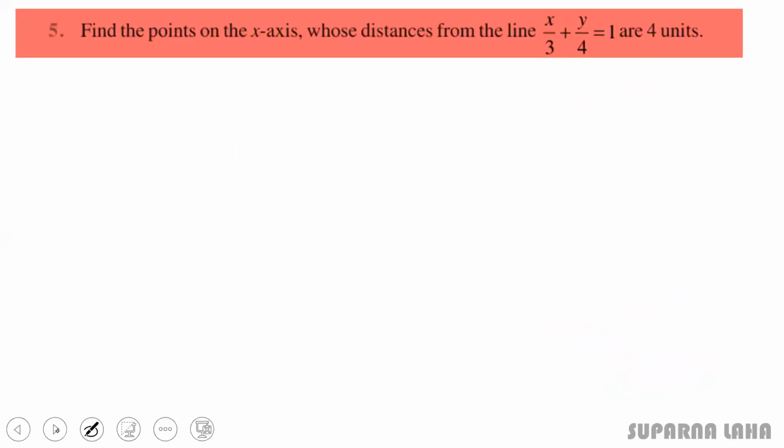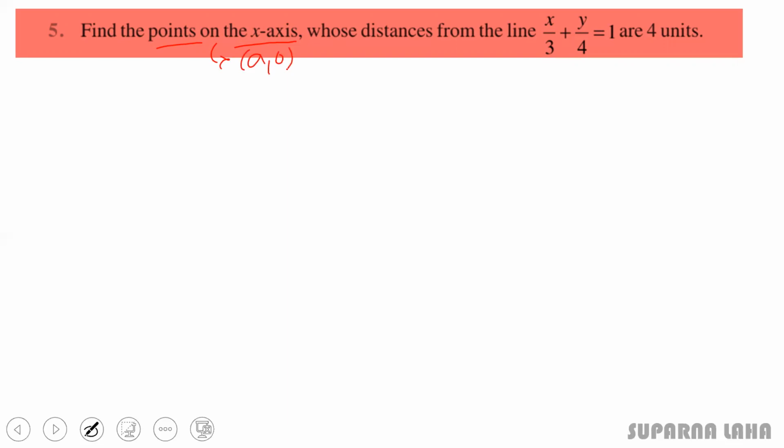Question number 5. Find a point on the x-axis whose distance from the line x by 3 plus y by 4 equals to 1 is 4 units. First thing to notice is that the point lies on the x-axis. So any point on the x-axis is of the form a comma 0.